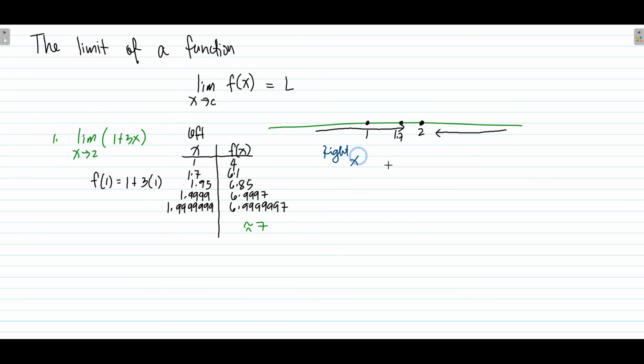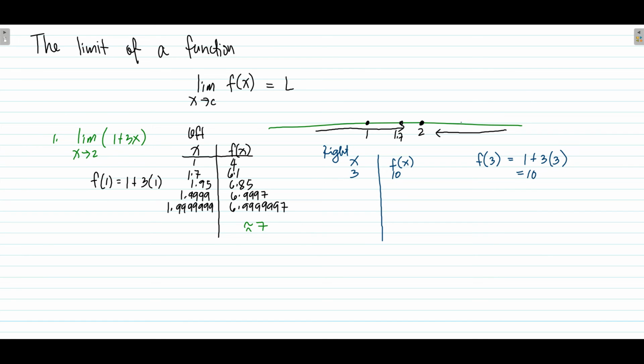Now we have x. We have the function. So at f of 3, meron tayong f of 3 equals the function 1 plus 3 times 3. So same idea, ito ay sagot ay 10. Pero gusto natin lumapit sa 2.